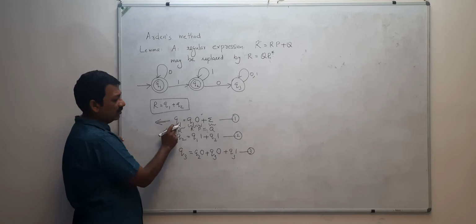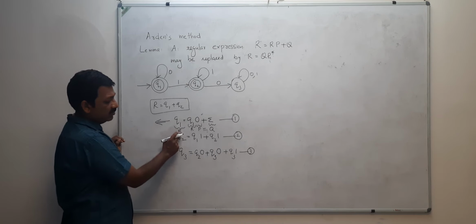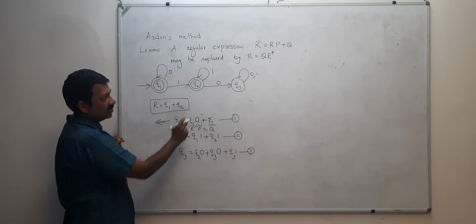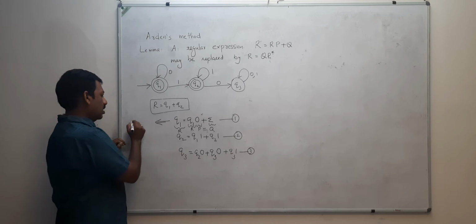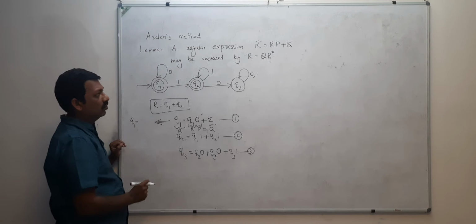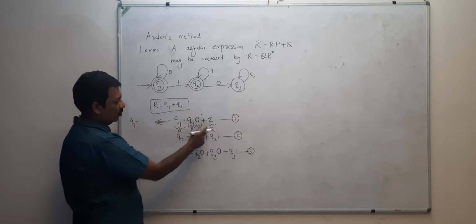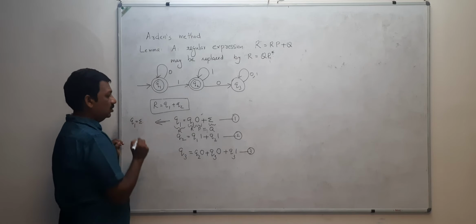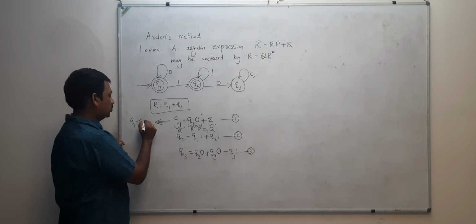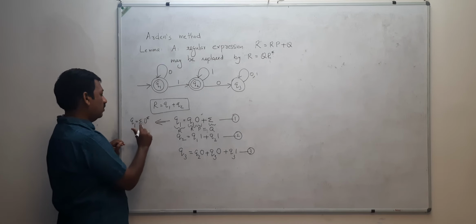Then R can be replaced by QP star. Q1 is equal to what? QP star. What is Q? Epsilon, followed by P star, which is 0 star. Epsilon followed by 0 star is 0 star.